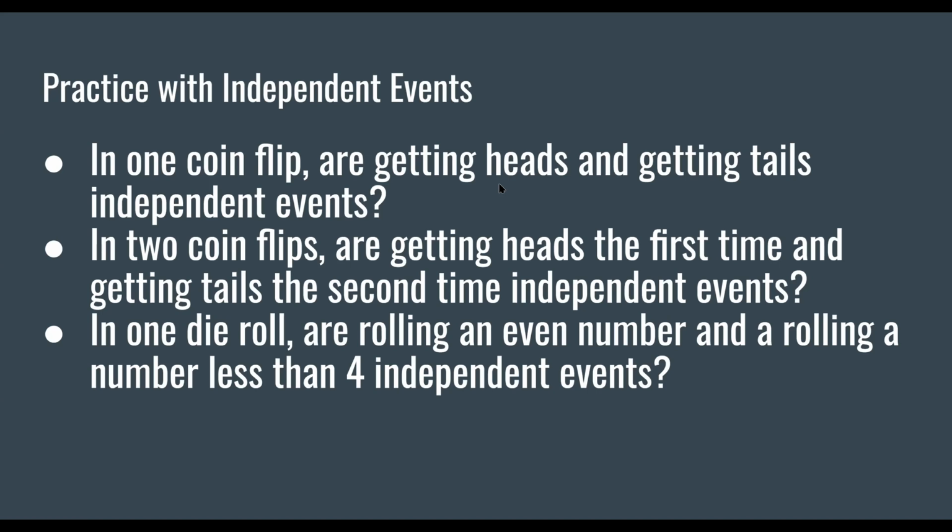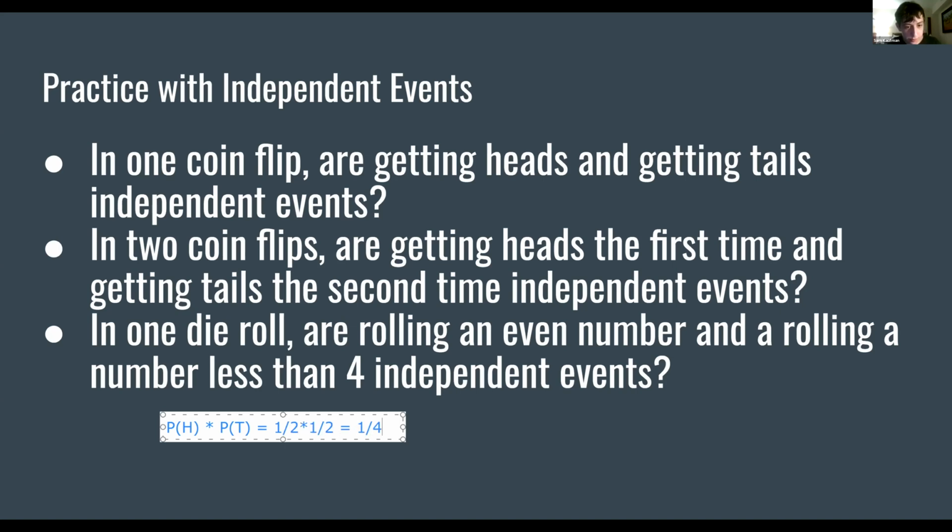Can you also do the formula? Yeah, we can look at the formula. There's a 0.5 chance to get heads and a 0.5 chance to get tails, and the intersection is 0? Yeah, exactly. So the probability of heads times the probability of tails, these are our two events, is 1/2 times 1/2, which equals 1/4.